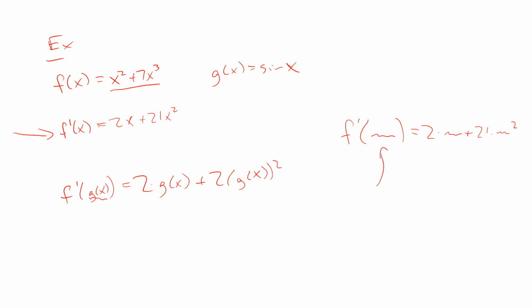Whatever's in the parentheses, I put it everywhere I see an x. 2 times x plus 21 times x squared, I've got 2 times g plus 21 times g squared, f prime of g of x. Okay, but then again, we know exactly what g of x is. It's the sine function, so I have 2 times sine x.